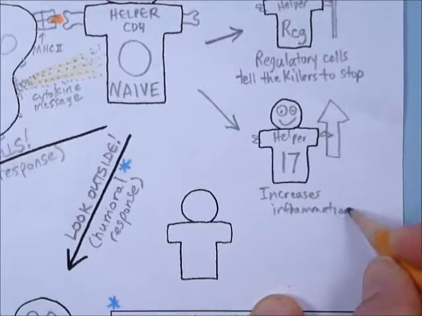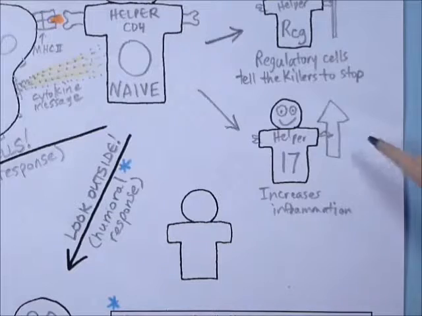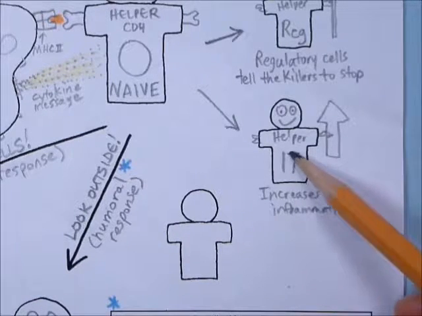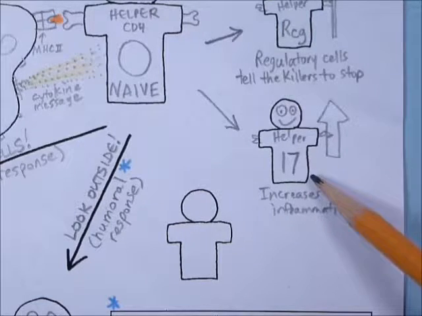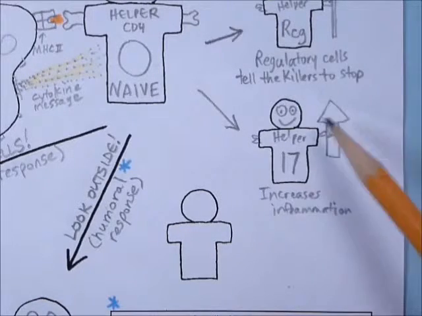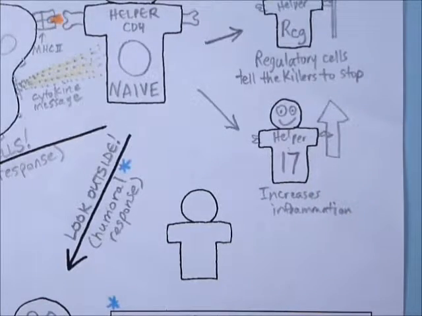So this guy used to be seen as bad. They thought that this was something going wrong with the immune system, but now they're pretty sure that it's actually necessary sometimes to have these. Now if you get too many of these and they go around increasing inflammation all the time, that can be a big problem. But they do have a role in the normal functioning of the immune system.